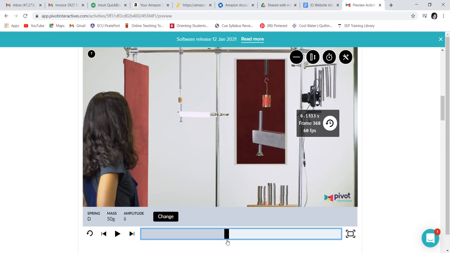The variable that you pick and control is called the independent variable, and that's the spring constant, right? Because you're changing springs with different stiffnesses. And the variable that you actually measure in response to that, you're seeing how the period changes with a different spring. That is called the dependent variable.